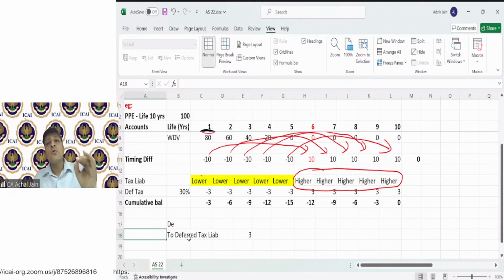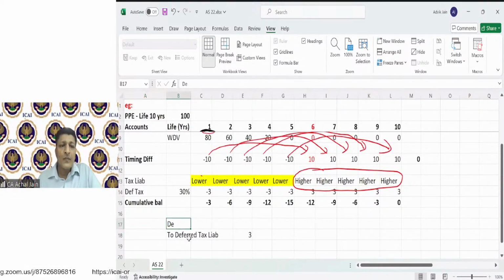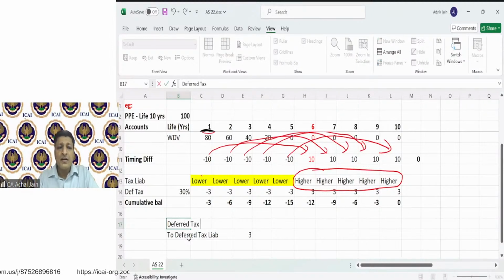Now, the liability is recognized, but where will this impact go? This impact will go to P&L after tax. When I'm saying after tax, it means this will be a part of the tax component, meaning after PBT, this will arise. So this will go to P&L, and in the P&L, what is the nomenclature you will assign to this? Very simple. We can say it's the deferred tax expense.